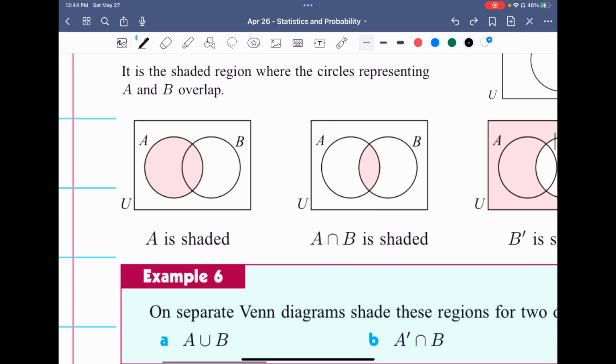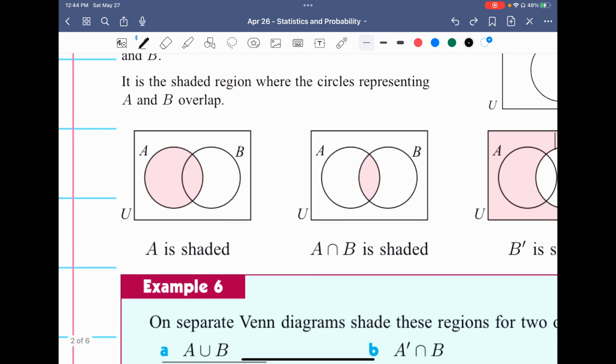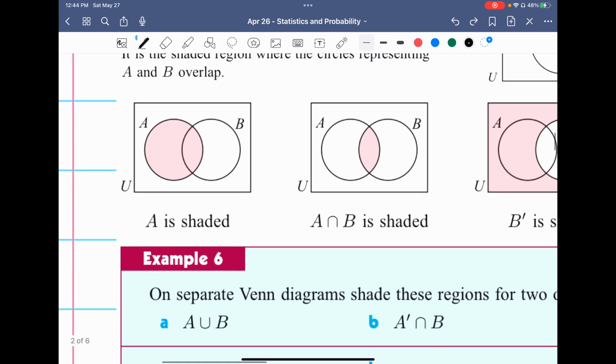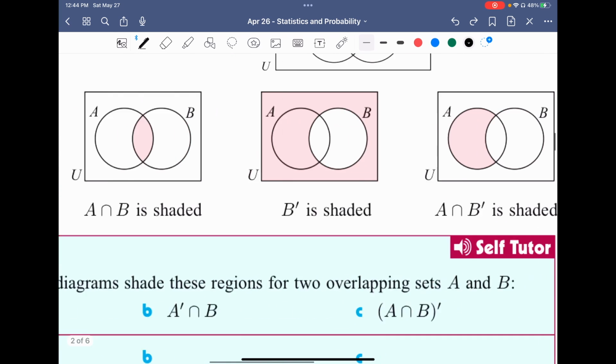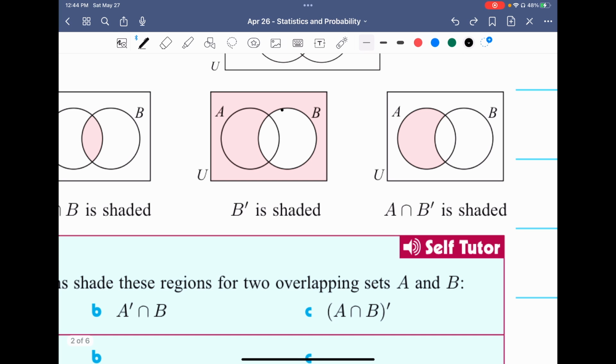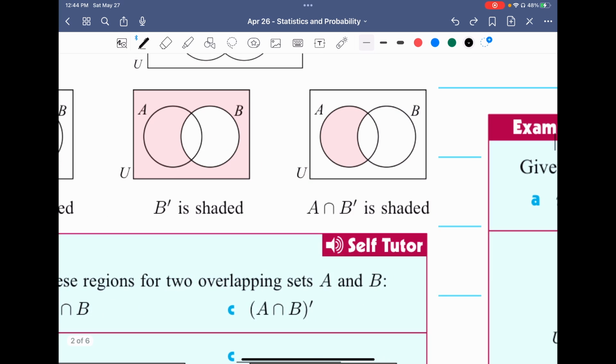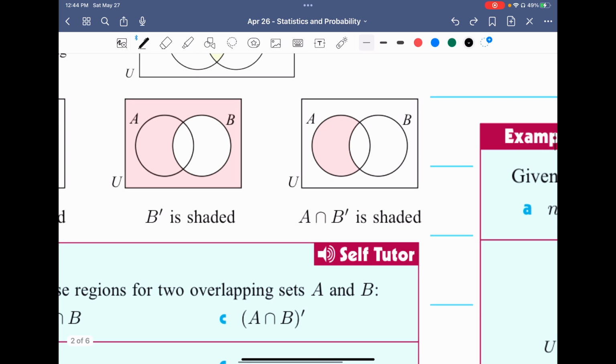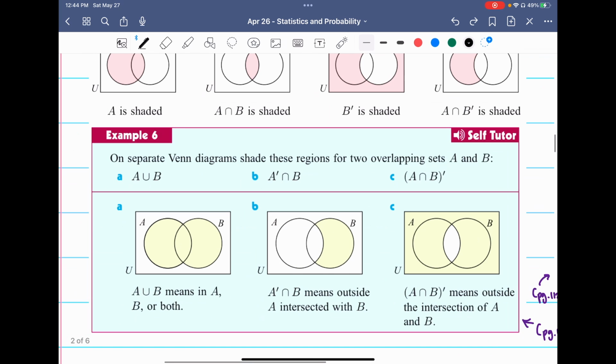It is that shaded area where the circles representing A and B overlap. Yes, A is shaded, A and B is shaded, B not is shaded, since everything besides B has to be applied, and A and B not is shaded. I think these are straightforward.